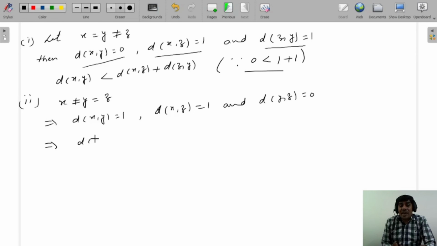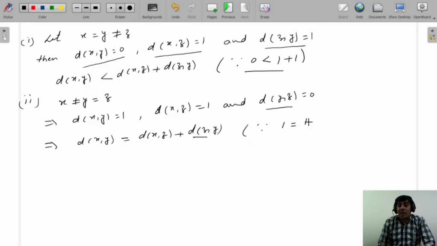This implies dxy is equal to dxz plus dzy. Distances xz, yz and zy have the same values due to the symmetry. xz is 1, distance between zy is 0. 0 plus 1 is 1. So right hand side is 1. Left hand side is also 1. So dxy is equal to dxz plus dzy. 1 is equal to 1 plus 0.